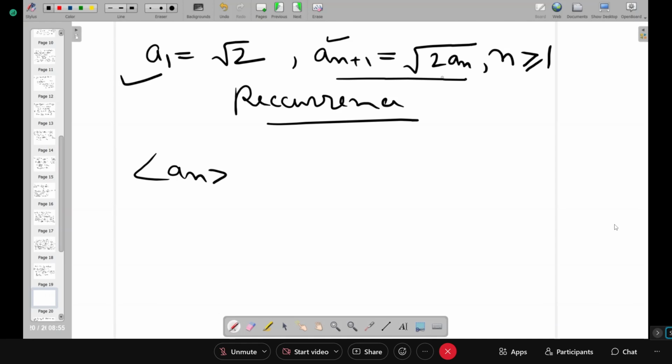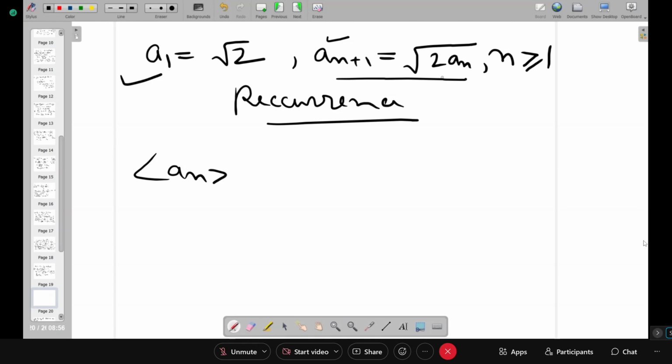Here we can apply this: if you are able to prove this sequence is bounded, meaning increasing and bounded above, or decreasing and bounded below, then you can say the given sequence is convergent. Directly here we cannot find the limit because we don't know whether it is convergent or divergent.